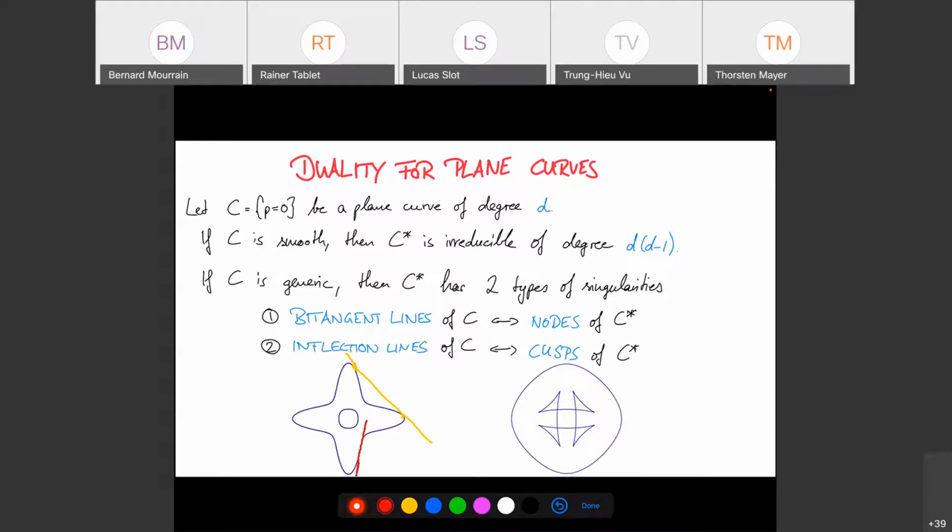It's like the graph of y equals x cubed, right? The x-axis is a flex line to the graph of y equals x cubed because the curve switches to the other side. It's a point of higher multiplicity. So there are 1, 2, 3, 4, 5, 6, 7, 8 of these real flex lines. I drew one of them, and symmetrically you can see the 8 real flex lines in this picture.